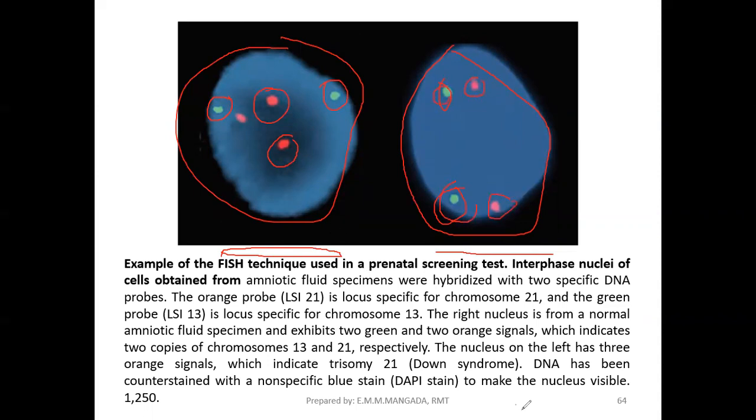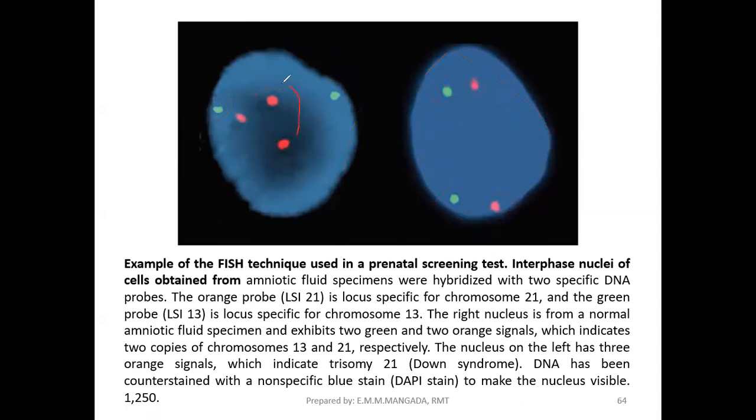So this fetus, pag pinanganak siya, alam na natin meron siyang trisomy 21. If you can see, yung chromosome 13 niya, dalawa. That's normal. Pero pag pumunta tayo dun sa orange signal, tatlo. Ibig sabihin, there are three copies of your chromosome 21, and that's what we call your trisomy 21.